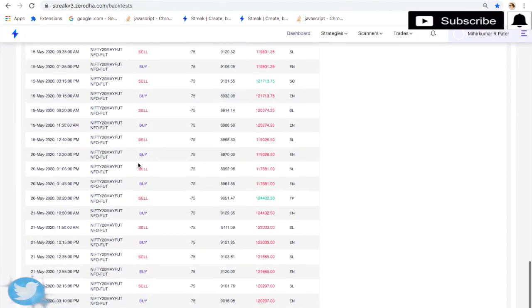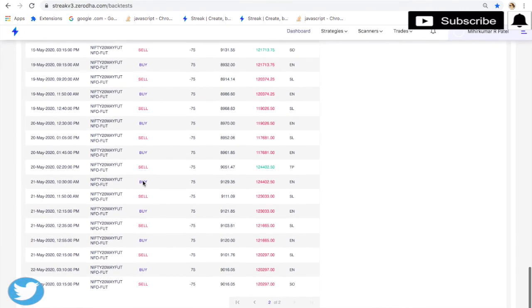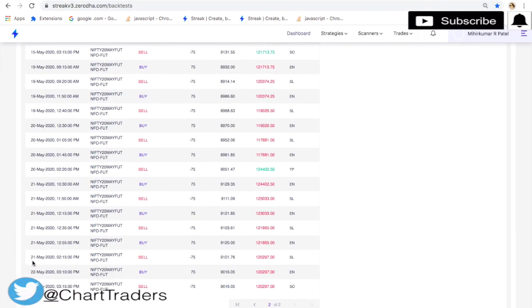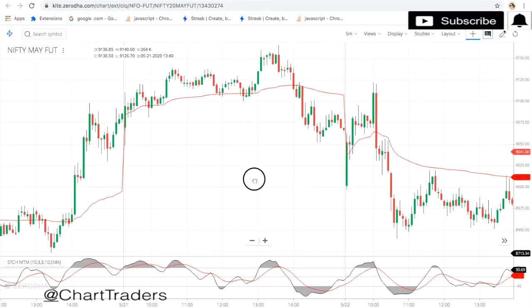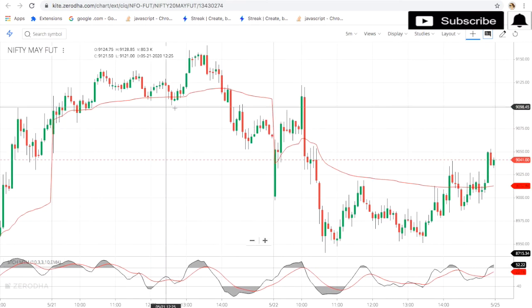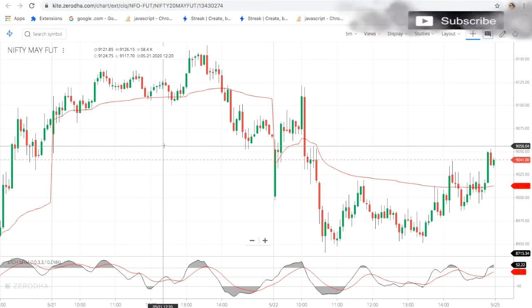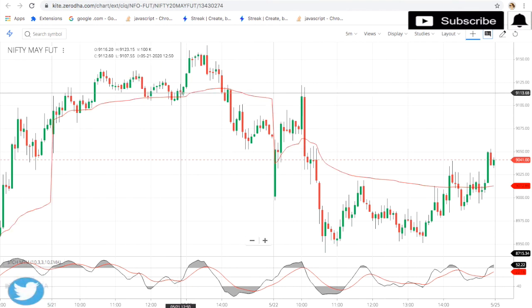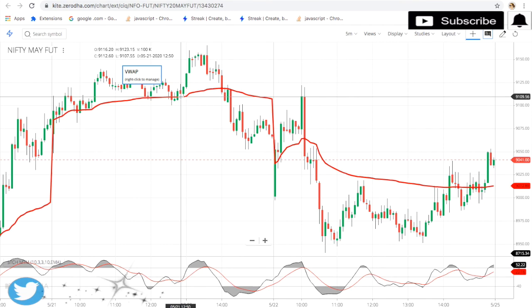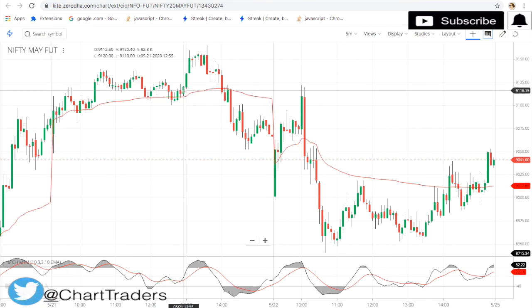We can see one more trade, a stop loss on 21st May around 12:55. At this point, the close is higher than VWAP and a crossing occurs. So at this point we are going to buy.